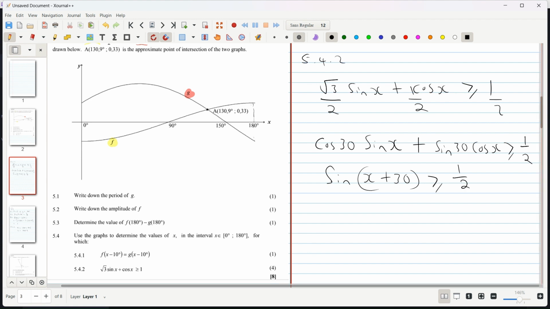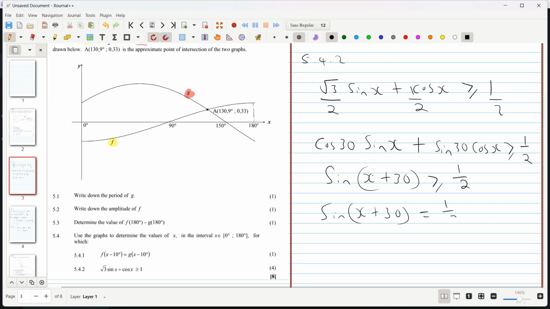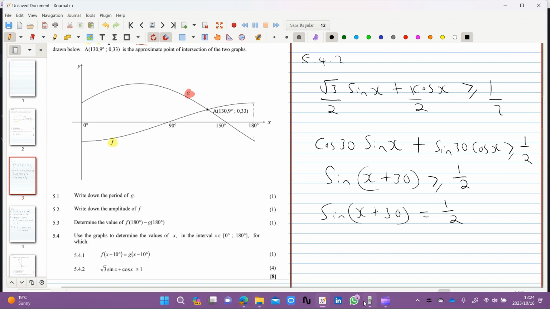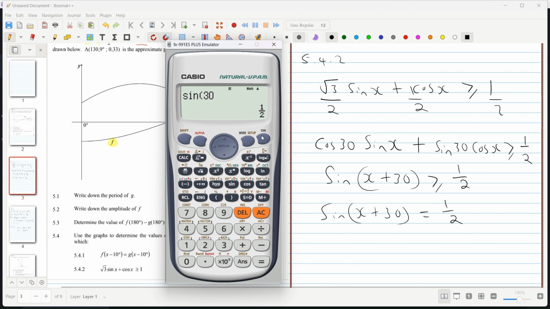For us to solve for x, we can equate sine x plus 30 equals half, and then solve our angles. With our calculator we go shift sine half.